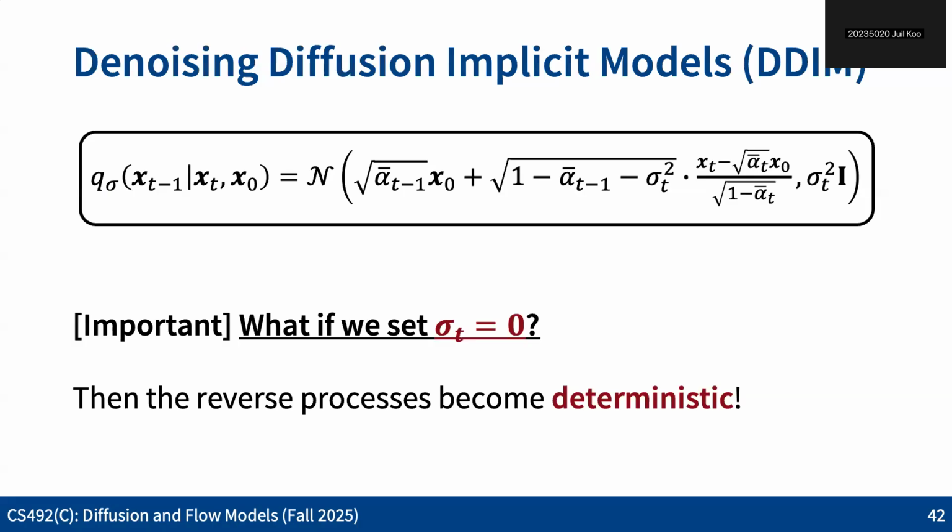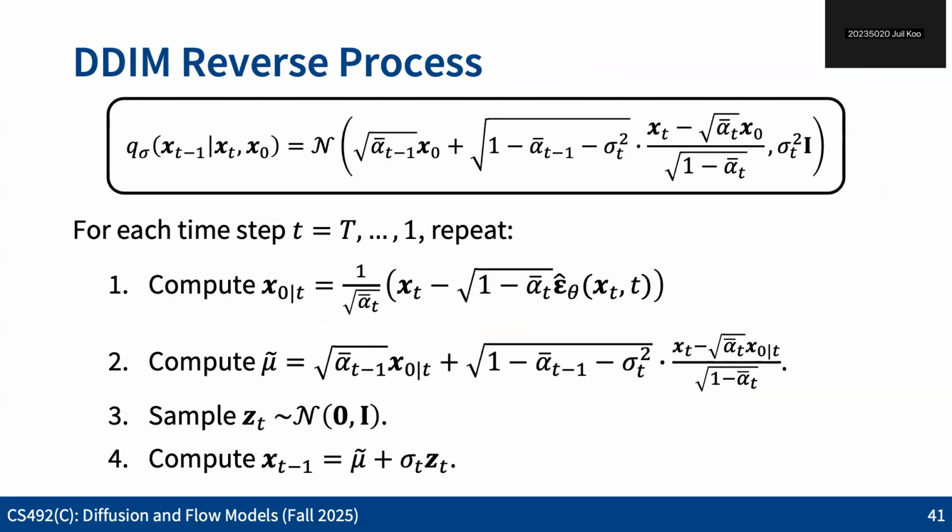As we have seen in the previous slide, we are sampling x_{t-1} iteratively from this distribution. But if the variance becomes 0, then we always take this mean as x_{t-1}. This is a very interesting case, because what we have discussed over the entire previous lectures were all stochastic processes. We are doing some sampling, right?